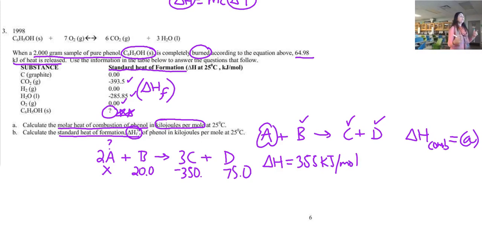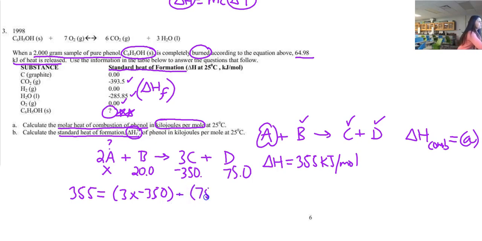What I'm going to do is products minus reactants, and set it all equal to the 355. So 355 is equal to products: 3 times negative 350 plus 1 times 75.0, minus my reactants, minus 2A or 2X if you want, minus 20.0 for B. Don't forget, you have to subtract the reactants.